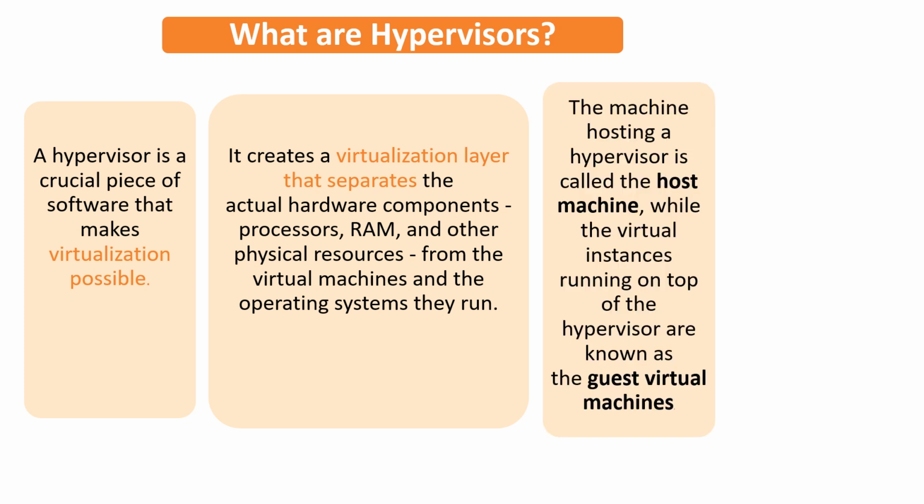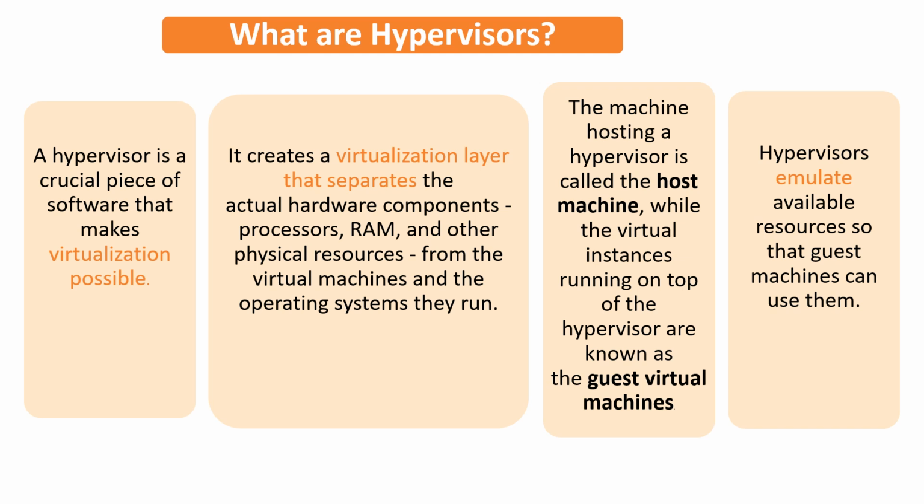And the machine hosting the hypervisor is called the host machine, while the virtual instances running on top of the hypervisor are known as the guest virtual machines. And what's the purpose of this hypervisor? It emulates the available resources so that the guest machines can use them.